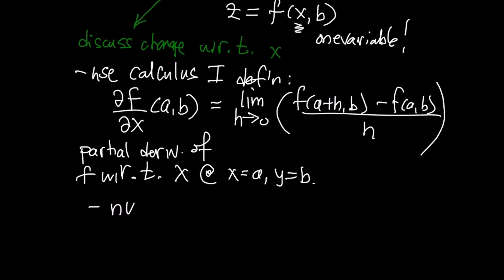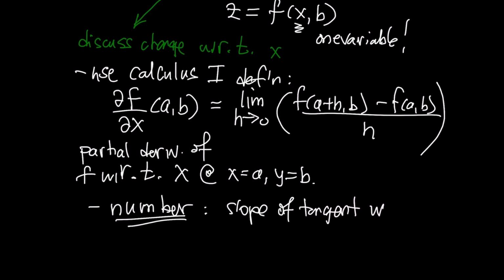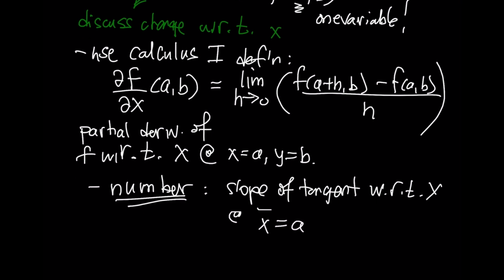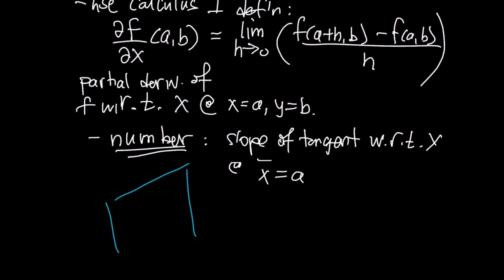Now, this is a number, and this number tells me the slope of the tangent with respect to x at the point x equals a. If we've got our plane again where we've kept y equal to some constant like this, there's the y-axis. We've got a curve of intersection with the function.